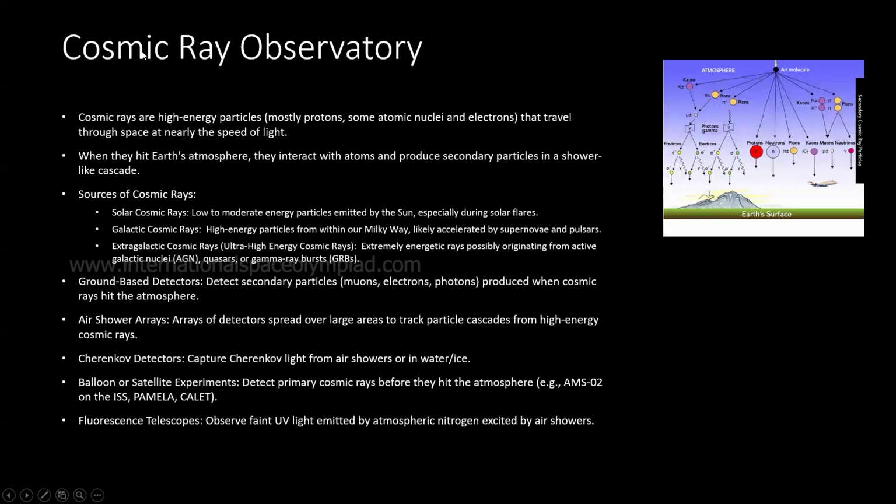It is called a cosmic ray because its origin is cosmic. It is coming from everywhere. They are highly energetic particles, consisting of protons, some nuclei, some electrons, and they travel through space; it's always traveling.